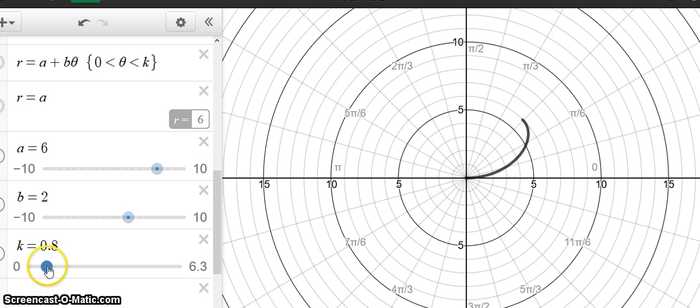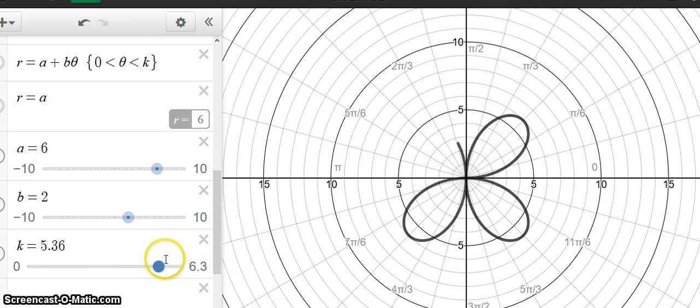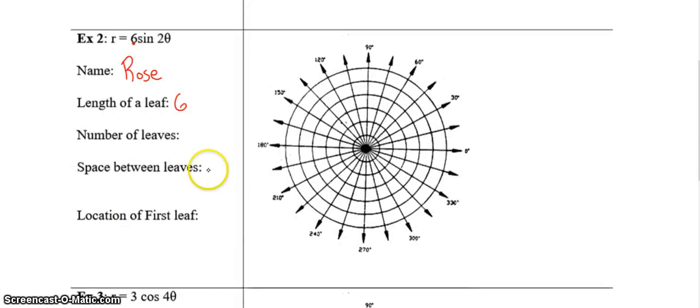We'll take a look again. And we'll go around and around. By the way, there's pi. Looks like there's one missing. Yep, we keep going. So how many leaves are there this time? Exactly. So now we've got 4 leaves.